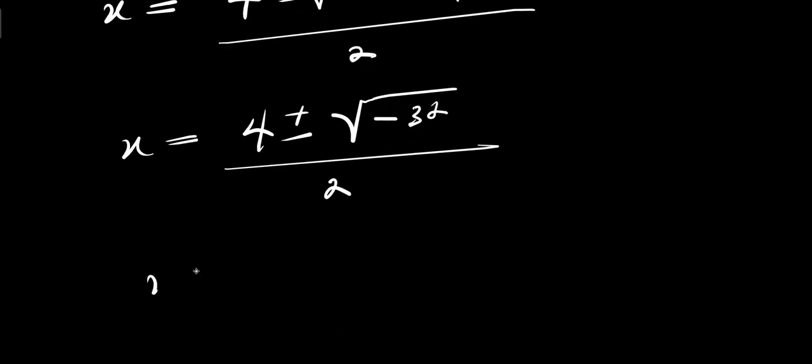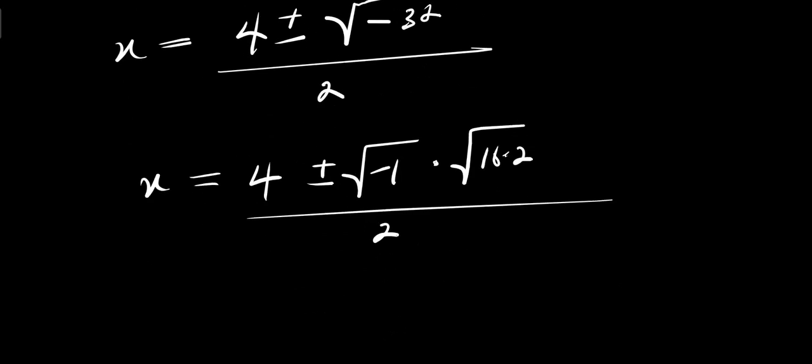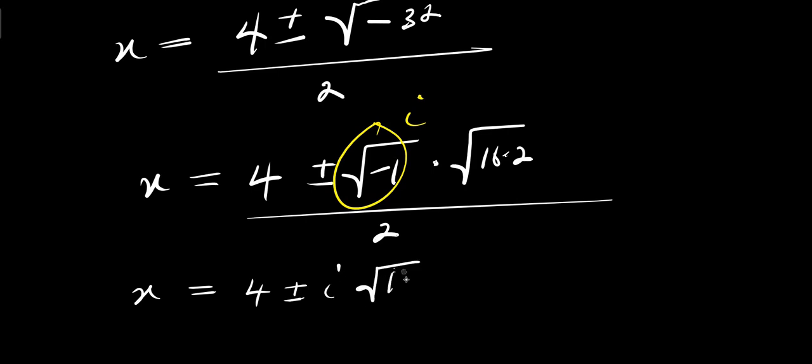So from here we have x equals 4 plus or minus square root of negative 1 times square root of 16 times 2, that is 32, divided by 2. This is iota i. So from here we have x equals 4 plus or minus i times square root of 16 times square root of 2, divided by 2.